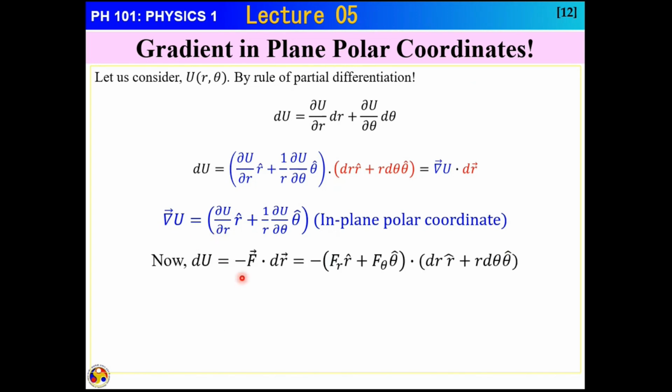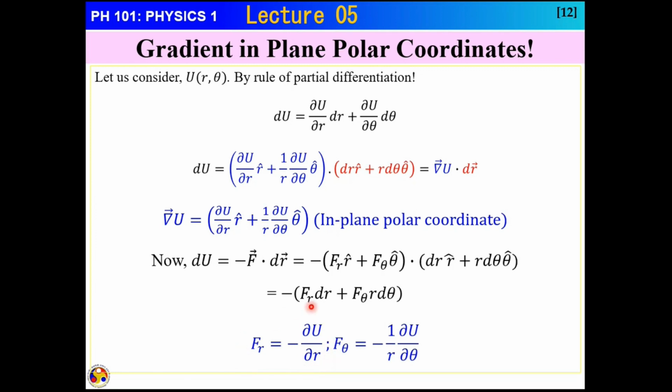So the change in the potential energy is the work done, which is minus F dot dr. It has two components, F_r r cap plus F_theta theta cap, into the displacement, which is written like this. So what is the force along the radial direction?